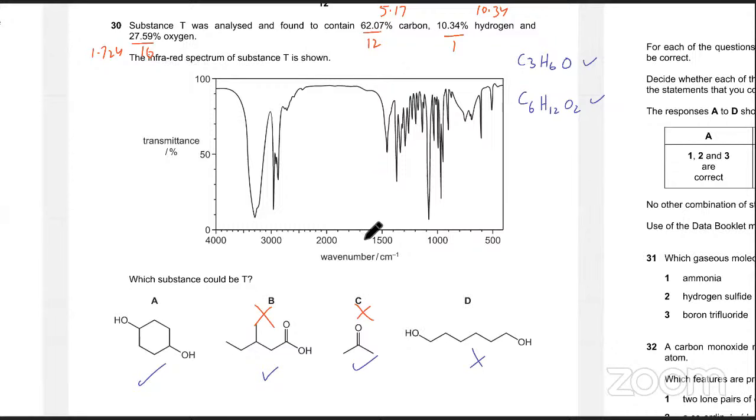So that clearly means that there is no C double bond O, which is why B and C are wrong. So B and C are straight away wrong.